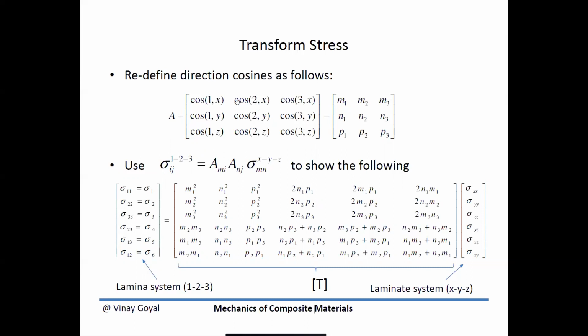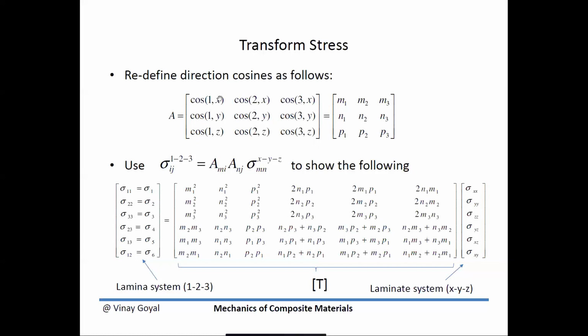So if we define these terms as m1, m2, m3, n1, n2, n3, p1, p2, and p3, we can try to figure out a way of relating stress in the 1, 2, 3 direction to the stress in the x, y, and z directions.